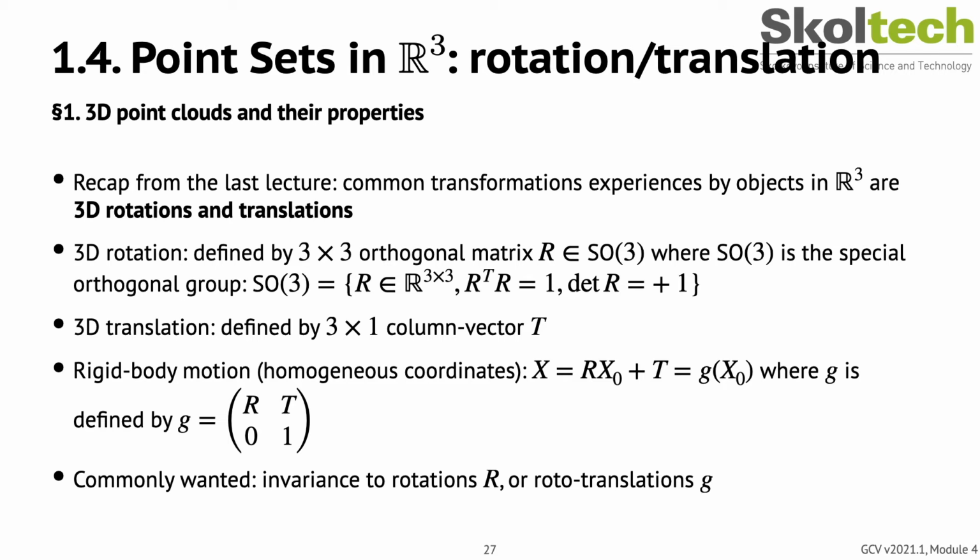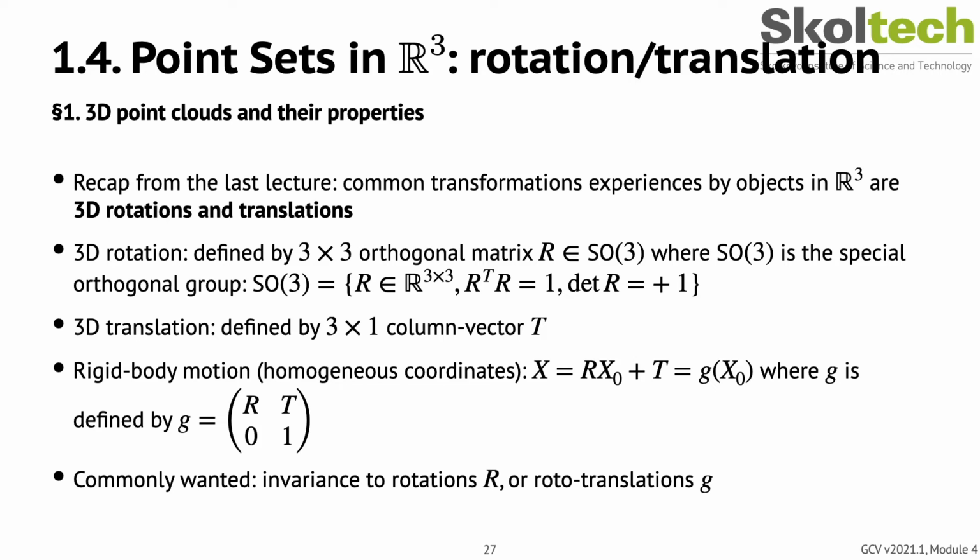A 3D rotation is typically defined by a 3x3 orthogonal matrix belonging to the special orthogonal group, meaning that R transpose R equals the identity, and that the determinant is +1. The 3D translation is also a group of transformations mapping Euclidean space to itself that is defined by a 3x1 column vector T.